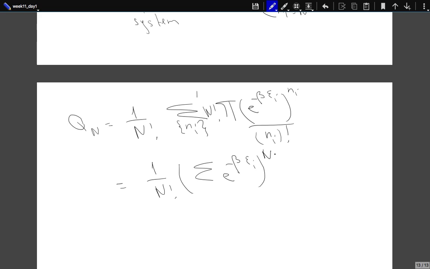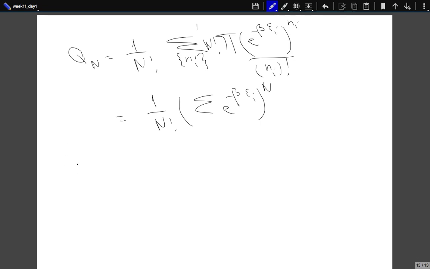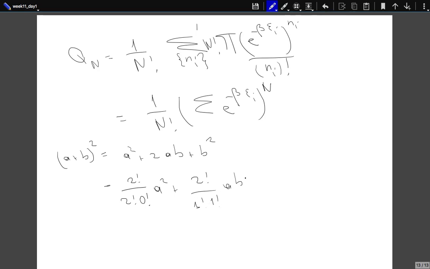It's not the binomial expansion, it's the polynomial expansion. So let's do a few cases. (a plus b) squared, this is the binomial expansion of squares. This is a squared plus twice ab plus b squared, which I can write as 2 factorial divided by 2 factorial 0 factorial a squared, plus 2 factorial divided by 1 factorial ab, plus 2 factorial divided by 0 factorial times 2 factorial b squared.